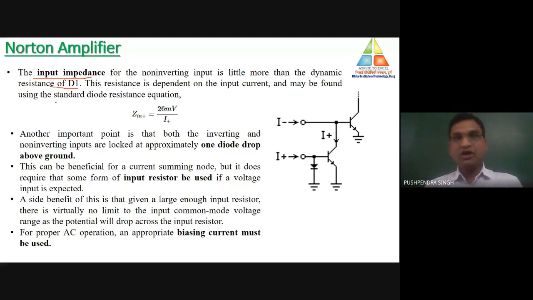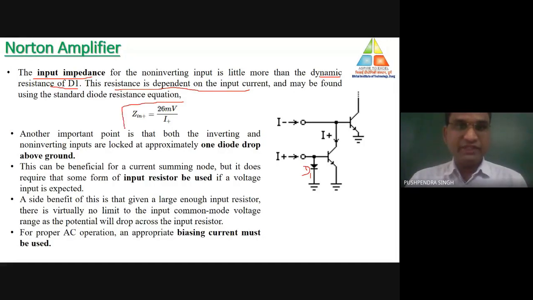The non-inverting terminal impedance in case of Norton's amplifier is more than the dynamic resistance of D1. This is D1. So D1 resistance is less as compared to the non-inverting terminal resistance, and that can be calculated. This resistance is dependent on the input current and can be calculated with the help of this formula.